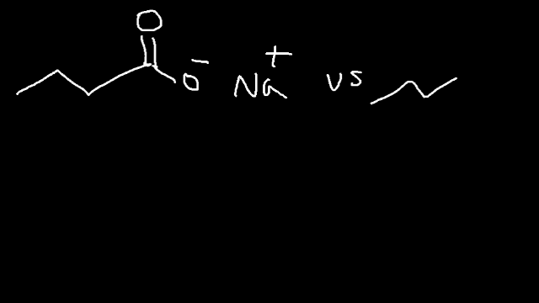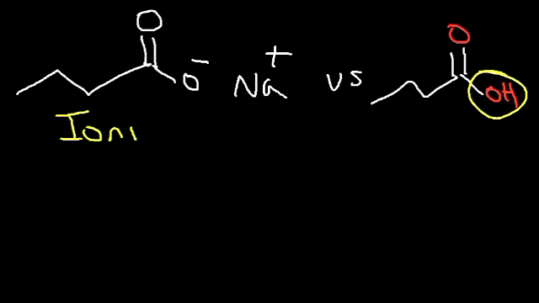Now, what if we have a deprotonated carboxylic acid, in this case a salt, compared to a protonated carboxylic acid? Which one is more soluble in water? On the right, we have hydrogen bonds, but on the left, we have an ionic compound.